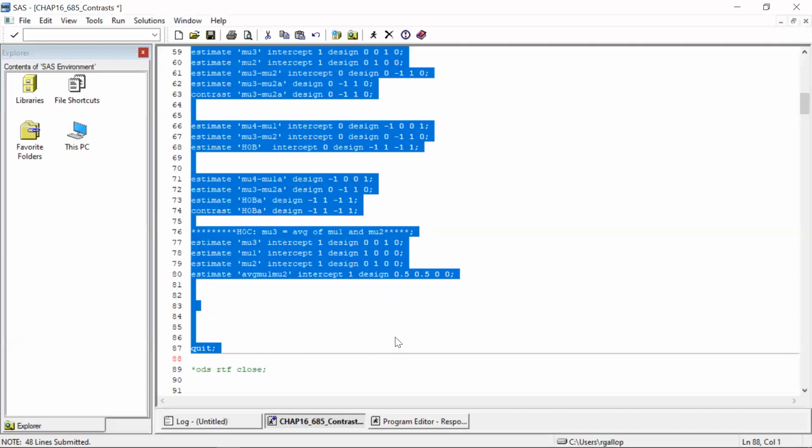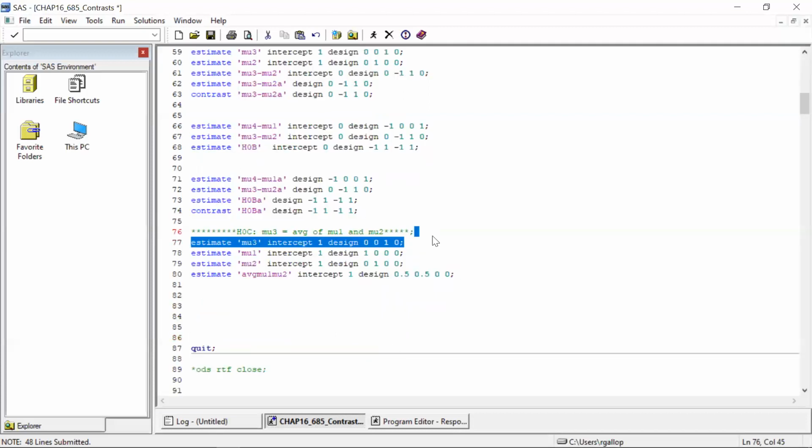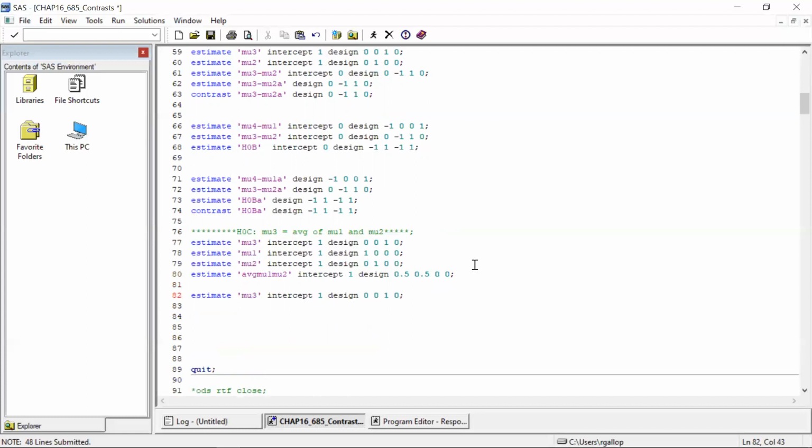So now let's go ahead and do the contrast. We'll copy this again. So now for us to do this as an estimate statement, mu3 compared to the average of the first two, that's nothing more than mu3 minus the average of the first two. I'll call this HOC. So now I go intercept.